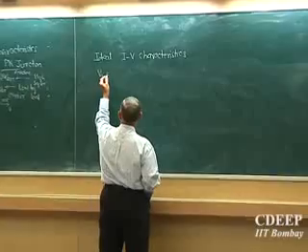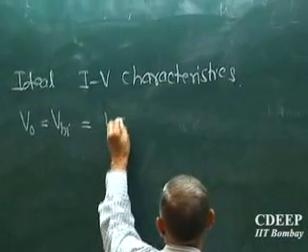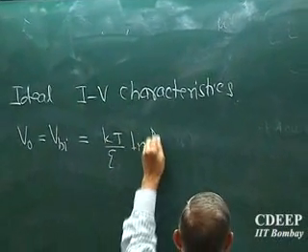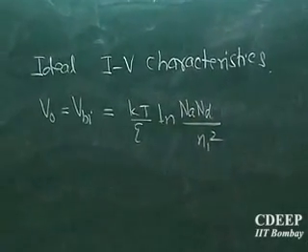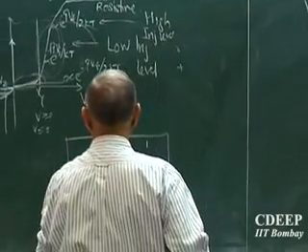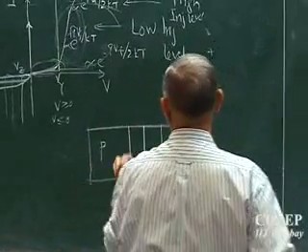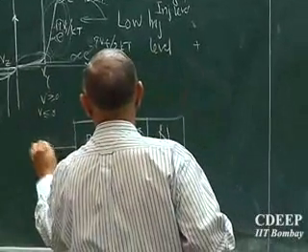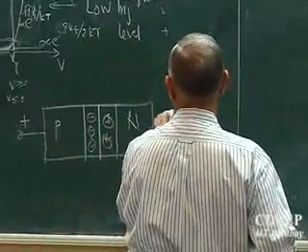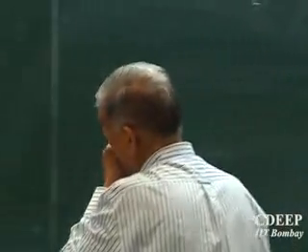We have said V0, or in other books it is the built-in voltage, is KT by Q ln NA ND by NI square, where I am taking a case of a PN junction. Now first thing first, physics says what will happen.